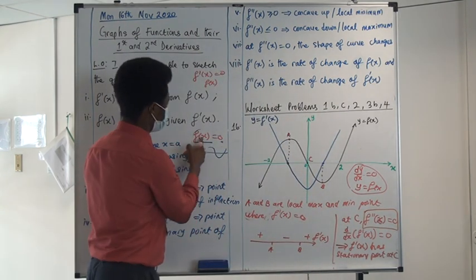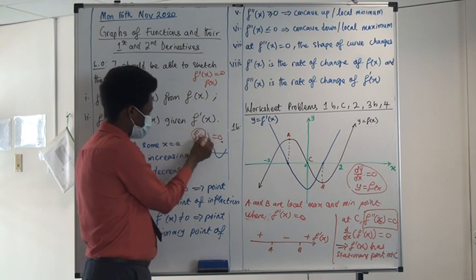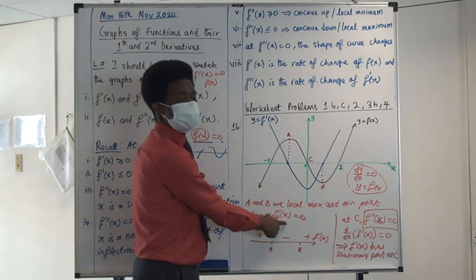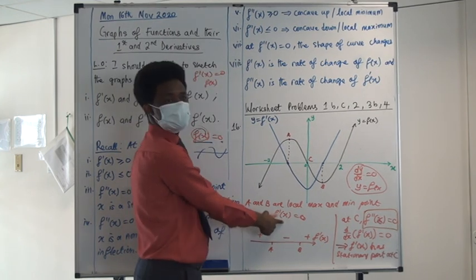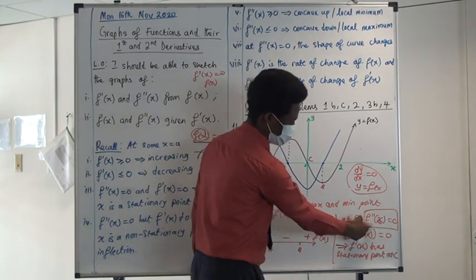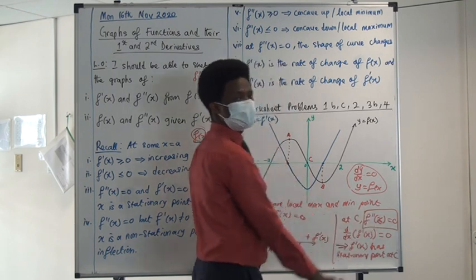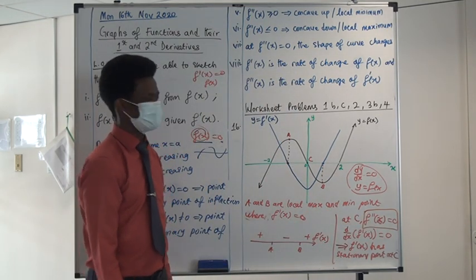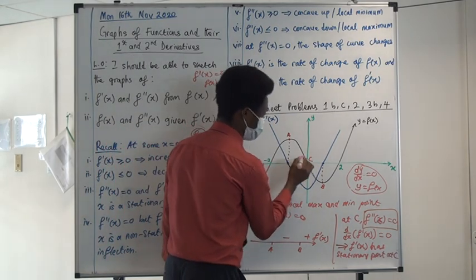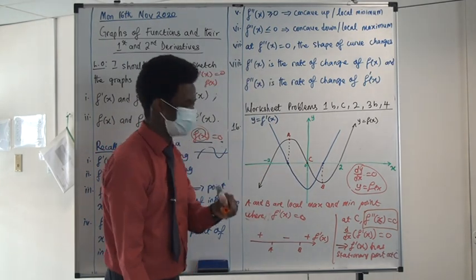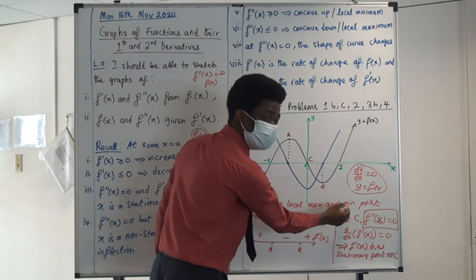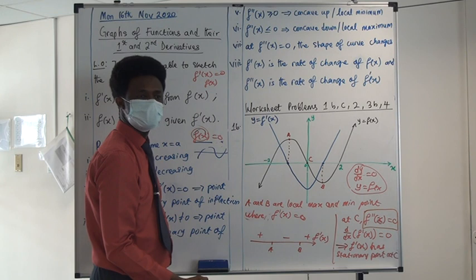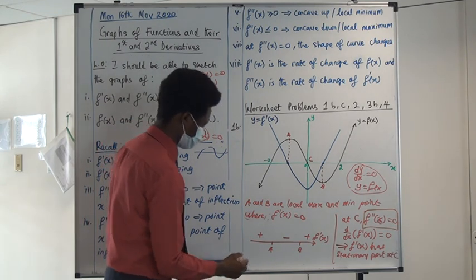Remember, y equals 0 means where y crosses the x-axis. This equals 0 means where f prime of x crosses the x-axis. Similarly, this equals 0 means where the graph of the second derivative crosses the x-axis. So your second derivative crosses here. The question is, was it coming this way to cross, or was it coming this way to cross? Then you can go to the line diagram again.